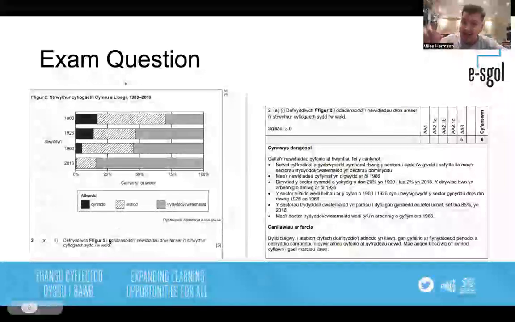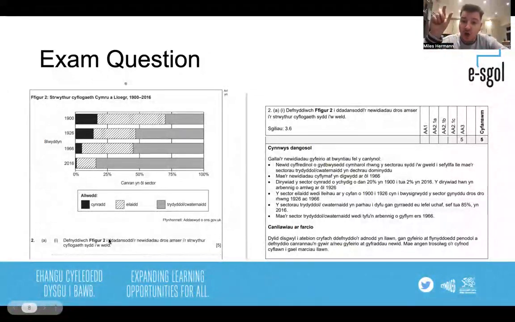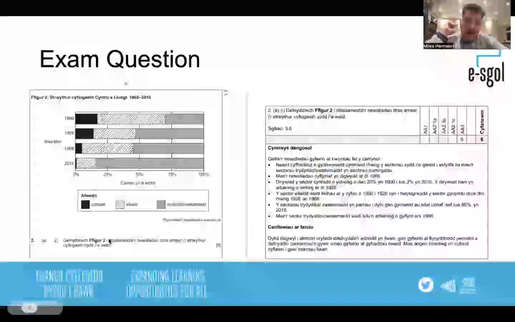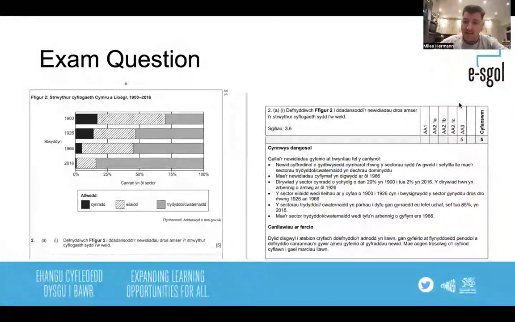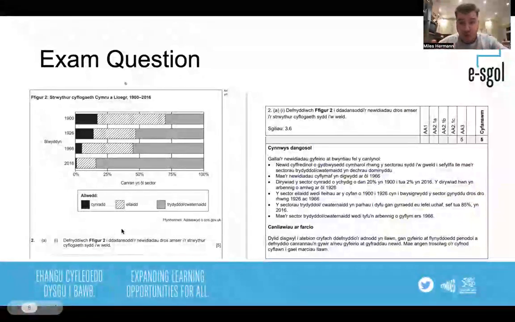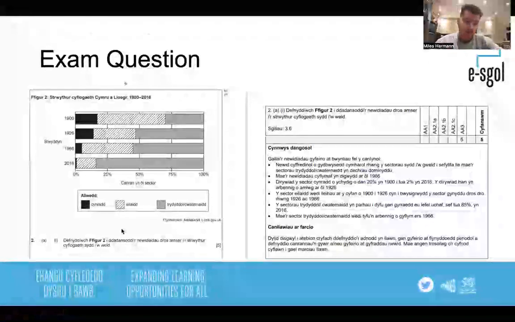So to analyze, that is an AO3, as we can see here, which means that we purely just use the data and analyze what we can see. So describe what we can see.